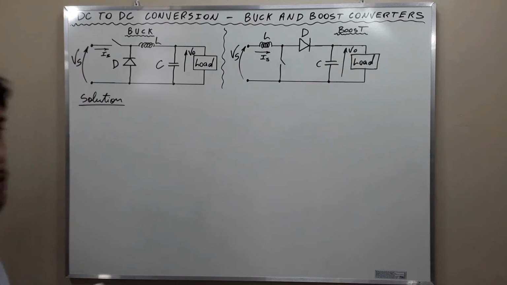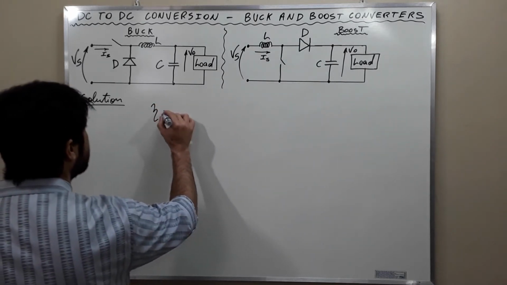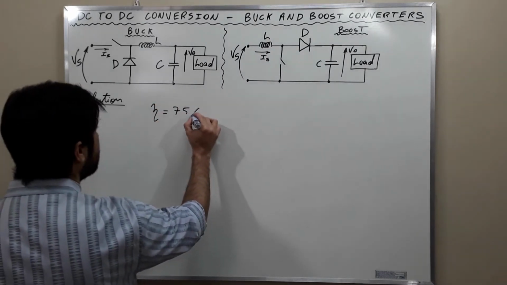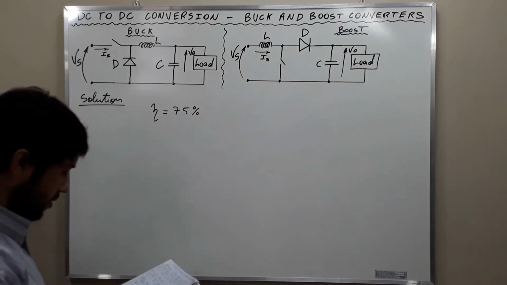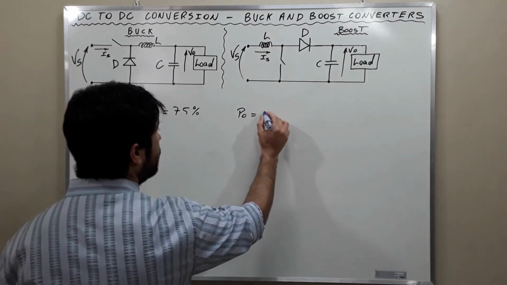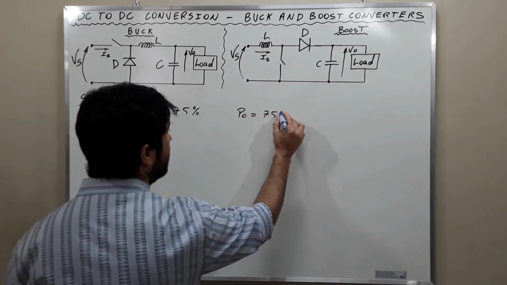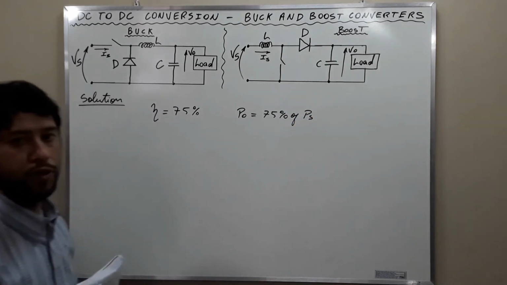Okay, this is the data of exercise 2. The problem says that the efficiency is 75%. What does it mean? It means that the output power is equal to 75% of the input power.